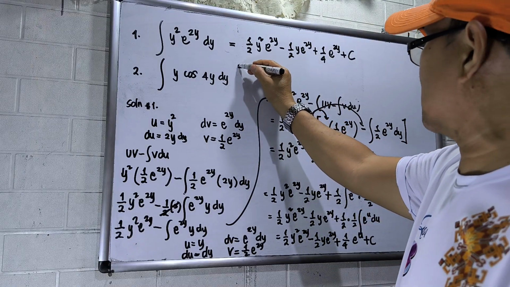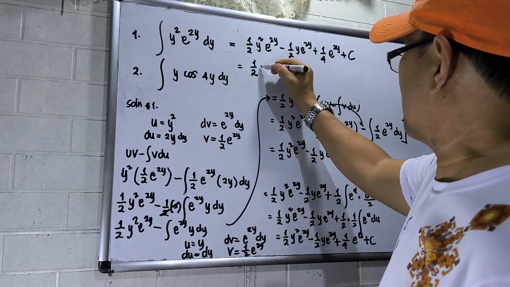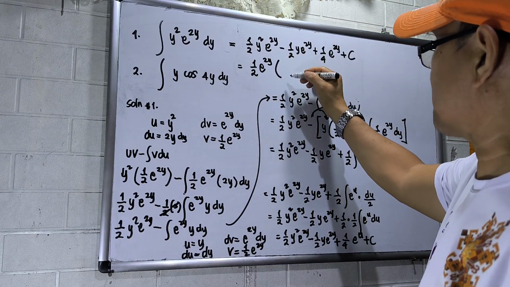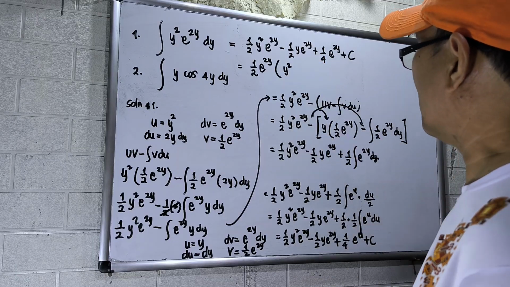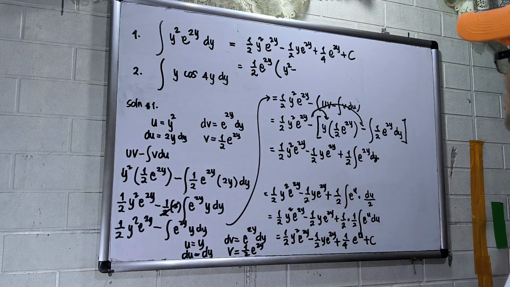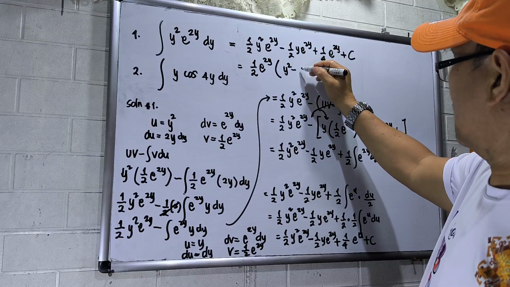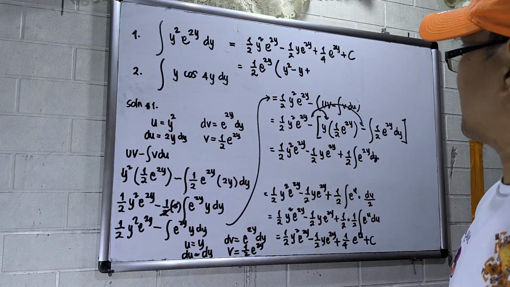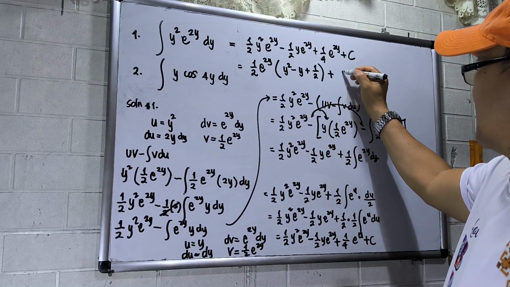Then I will factor out 1 over 2 e to the 2y, then in brackets y squared, then minus y, then plus 1 over 2, then plus c.